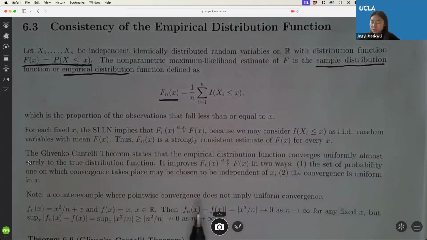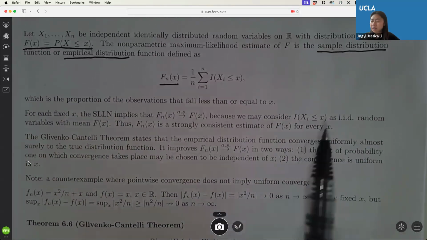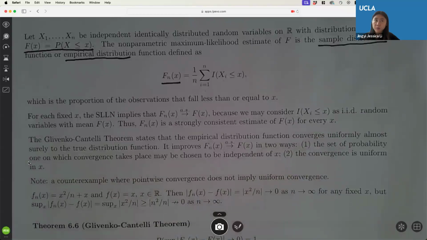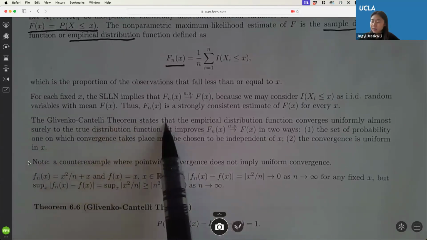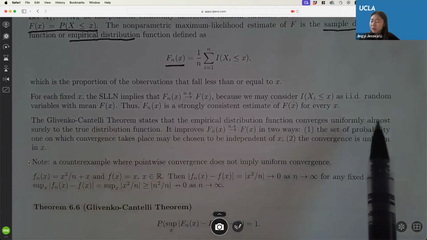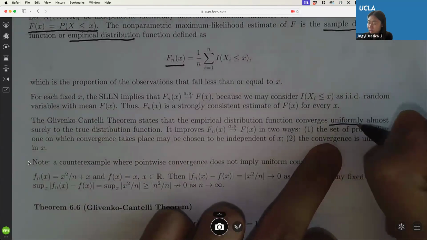But we can see a stronger result, which looks across all small x values in a uniform way. The Glivenko-Cantani theorem states that the empirical distribution function converges uniformly, almost surely, to the true distribution function. The key word is uniformly.